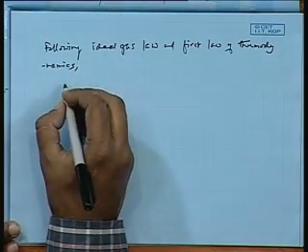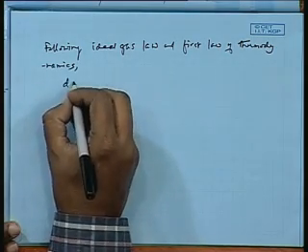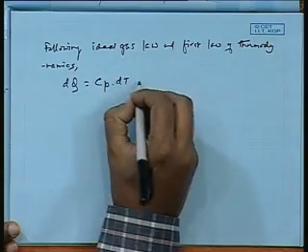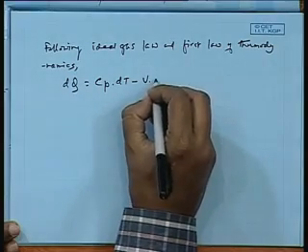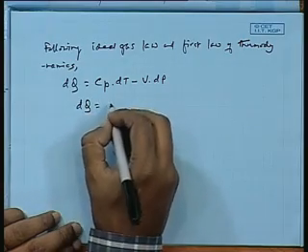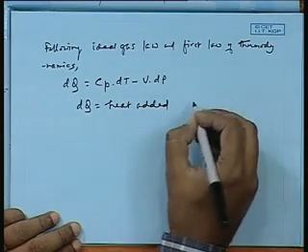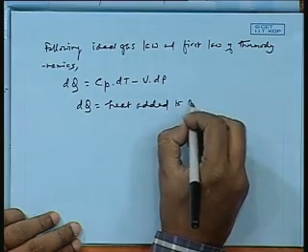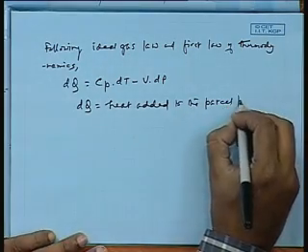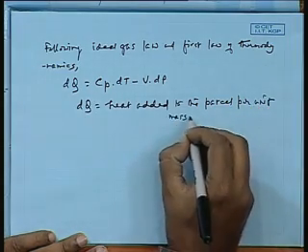We can write an expression for this air parcel, dq equal to Cp into dT minus V into dP, where dq will be the heat added to the parcel per unit mass.